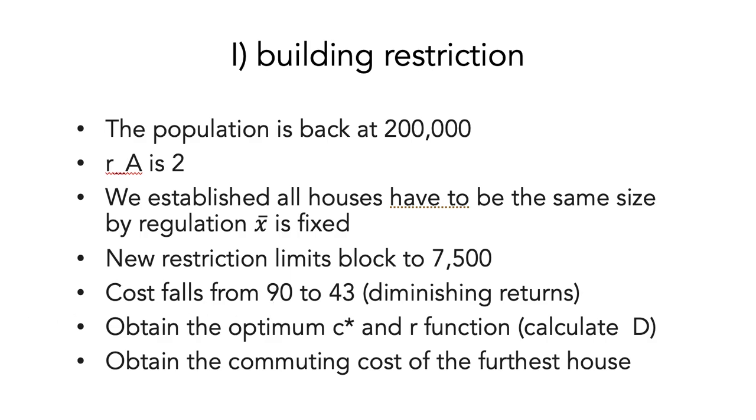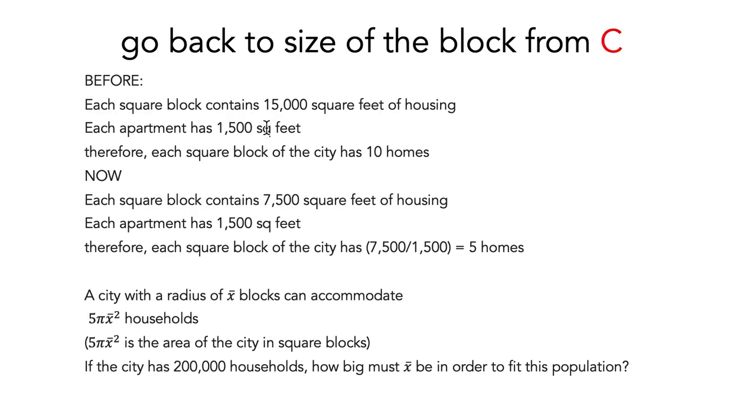Okay, so let's go. In this case, we need to calculate what is the size of the city that we need, because now we have restrictions in the size of the blocks. Before, we had 15,000 square feet of housing, and each apartment had 1,500 square feet. And when we divided 15,000 by 1,500, we had 10. In this case, we have 7,500 divided by 1,500.